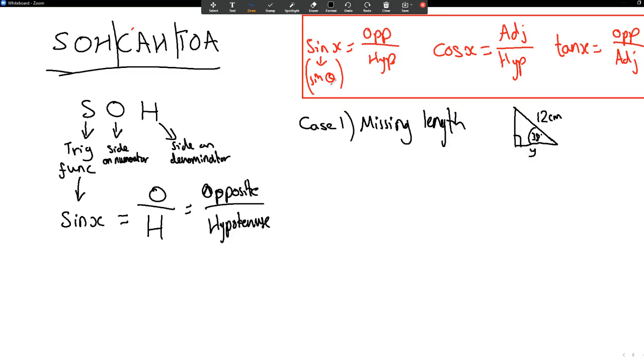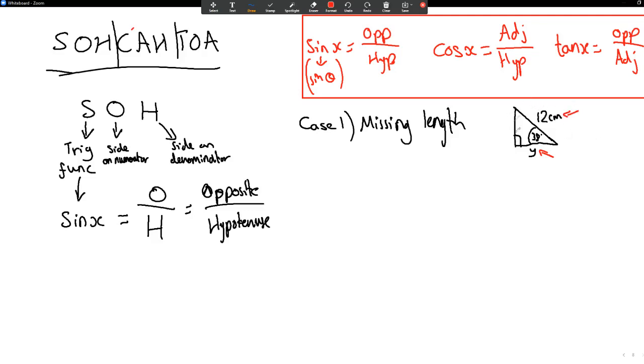Now what we need to figure out, to find which one of these formulas we're using, is which two sides we are interested in. To me, we're interested in this side here. Why? Because that's the one we want to figure out. And we're also interested in this side here, the hypotenuse, because we already know what that is.